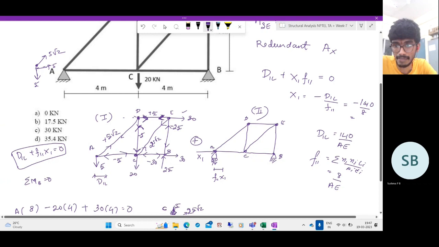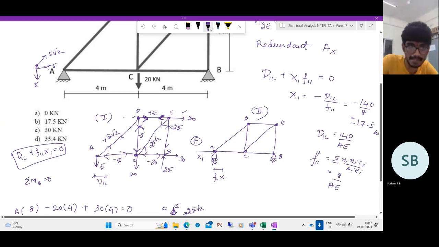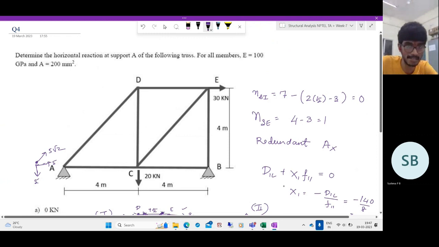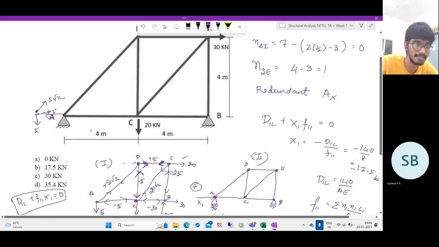So 70, 35, 17.5 kilonewtons. Since it is minus, it means the force is acting towards its left. It's not acting towards its right. That is obvious because the applied horizontal force is in the right direction. So this should be left 17.5. So the correct answer is B.